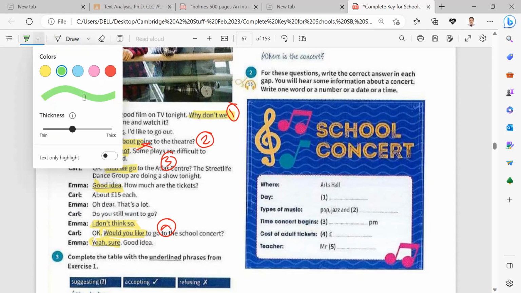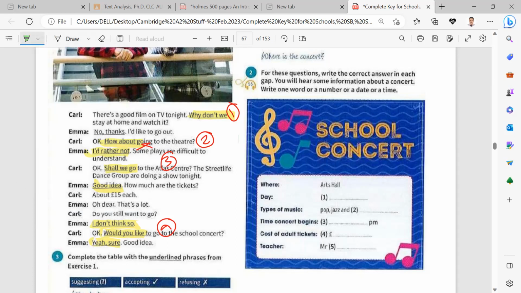If you accept the suggestion, you can say good idea or yeah, sure. This means you accept, you like my idea. If you refuse, if you don't like my suggestion or my idea, you can say no, thanks.